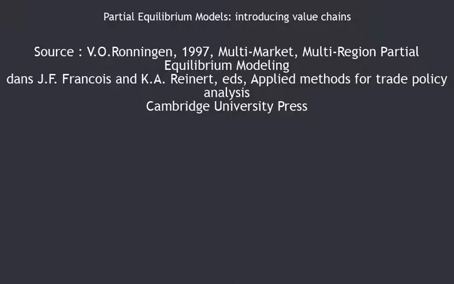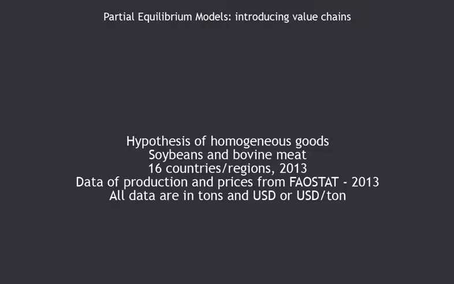This is a very good book that I recommend. What we do here is assume homogeneous goods in terms of soybeans and bovine meat. So the soybeans and meat produced by 16 countries and regions in the world are exactly the same.